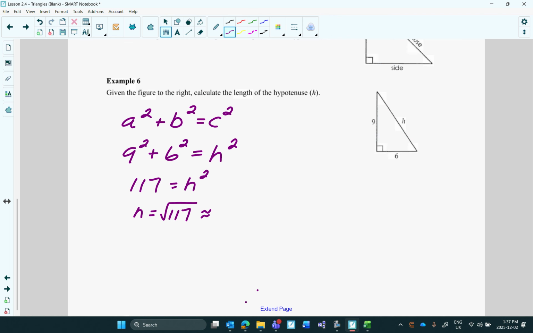That'd be 10.7, 10.8. It's close to 121. I'd say 10.8. I better use the calculator just to make sure I'm right. The square root of 117 is 10.8, yes. Okay.